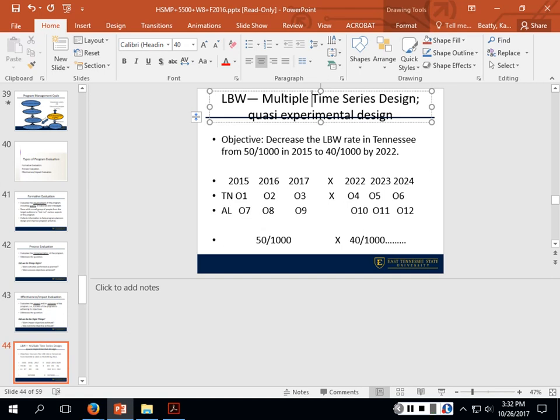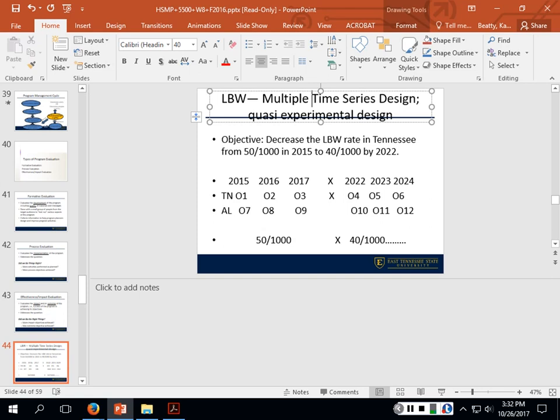Now let me ask you this question. Those designs that include multiple observations before and after, do they work better if you are using secondary data that is available to you from surveillance or national surveys, or do they work better if you're collecting your own data? They work better if you're using secondary data.